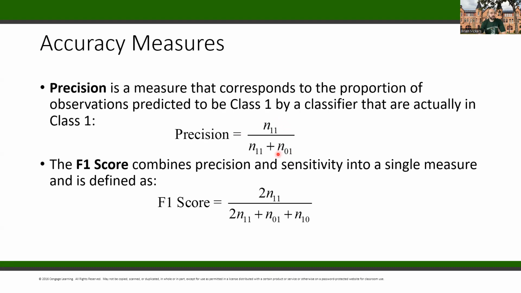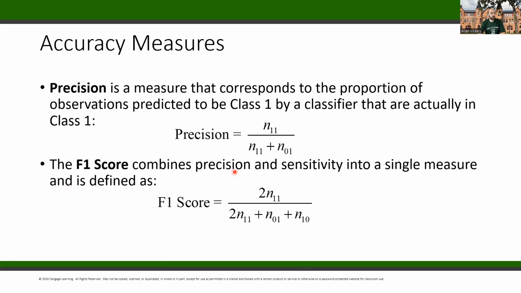If you look at this N1101, the first number is what you predicted, the second number is what it actually was. So precision is everything that actually is 1. Predicted 1, meaning 1 comes first, and ends in 1. So 1 is predicted 1 and ends in 1, and then 1 and 0 both end in a 1, so they're the times that it actually was a 1. That term is called precision.